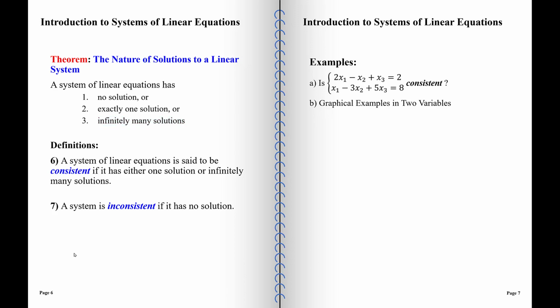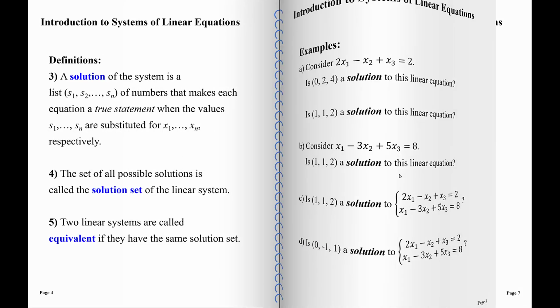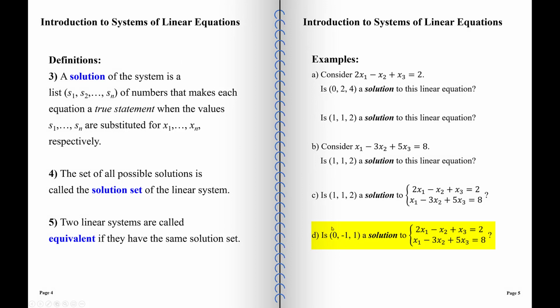And now just some more language. A consistent system is one that has a solution, and a system that has no solution is said to be inconsistent. So let's look at our example that corresponds to these pages. Is this system consistent? The answer is yes. Let's recall, this is the same system we had on our last problem.